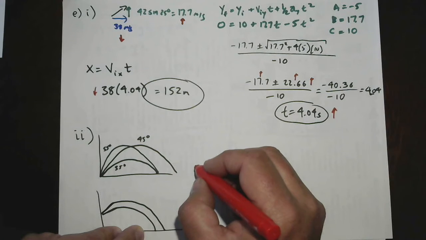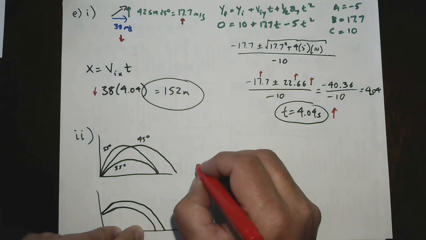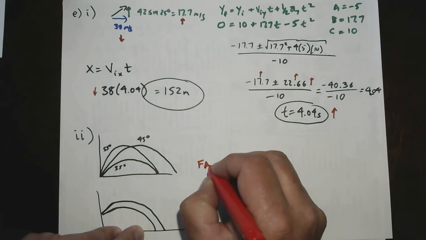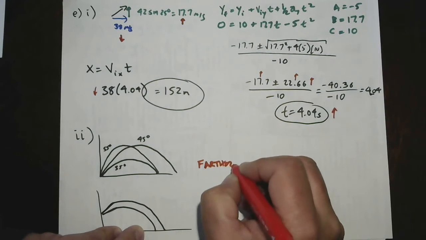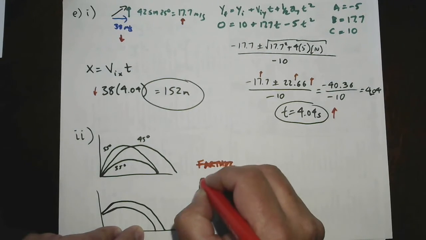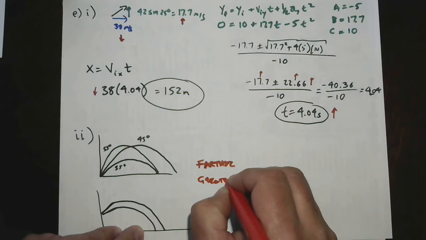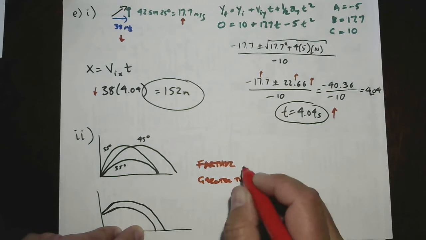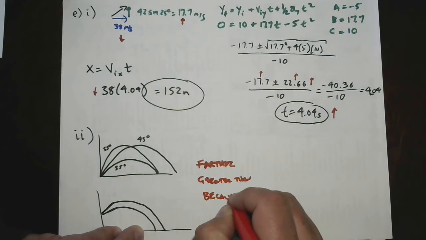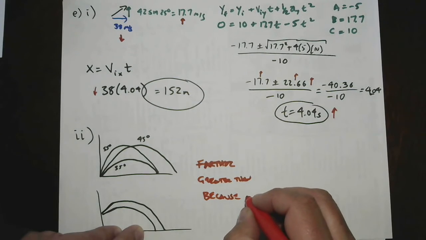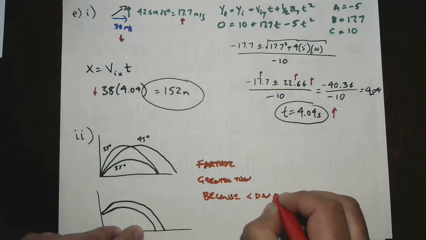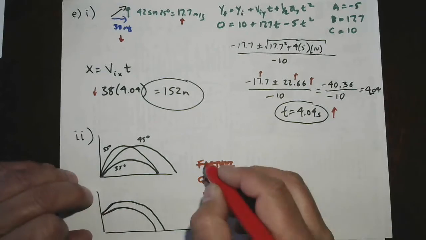But either way, this is only worth 1, maybe 2 points. So a good guess is that it would go farther, or what they say, greater than. And right in here you have to dance. You have to make some sort of coherent explanation.